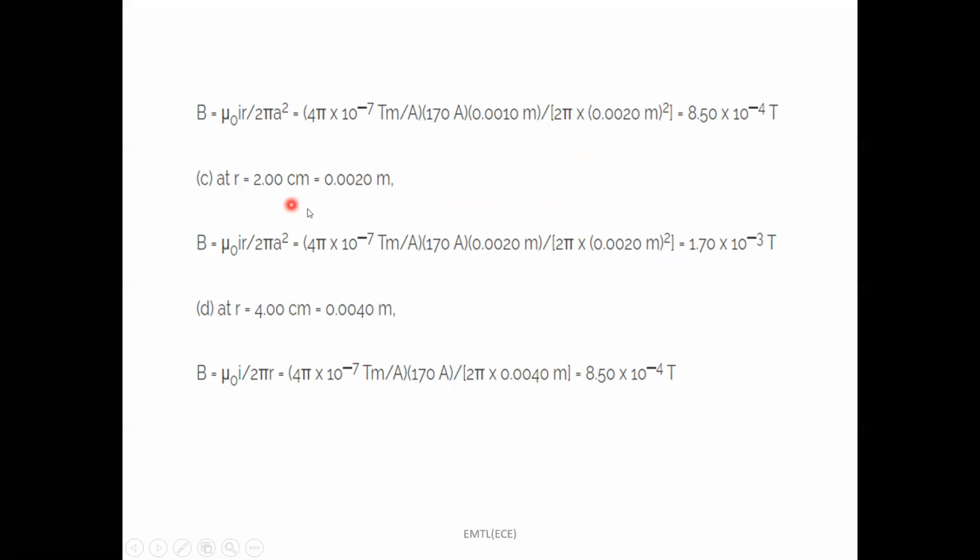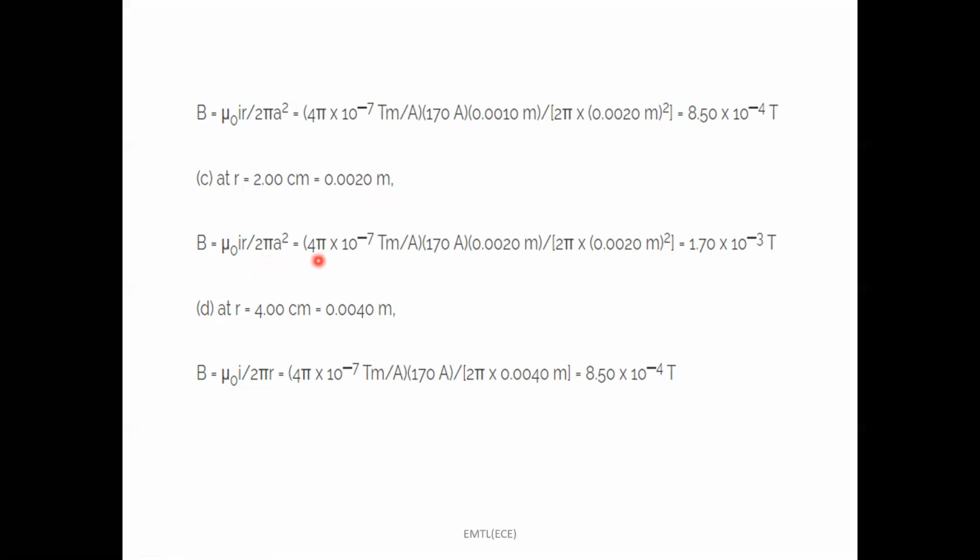Now, the magnetic field intensity at r is equal to 2.00 centimeters, which is 0.0020 meters. B is equal to mu naught I r by 2 pi a square.